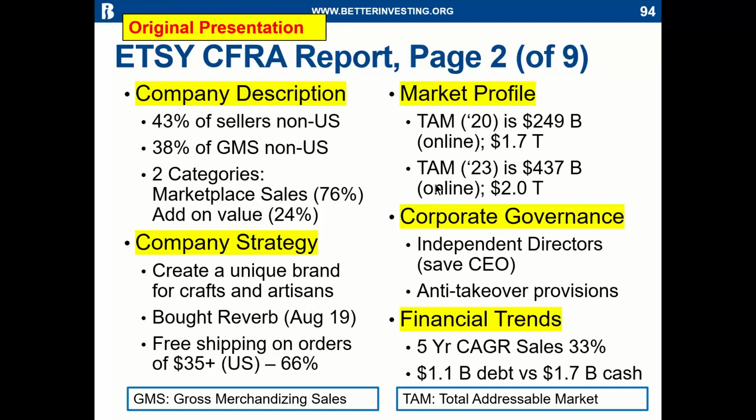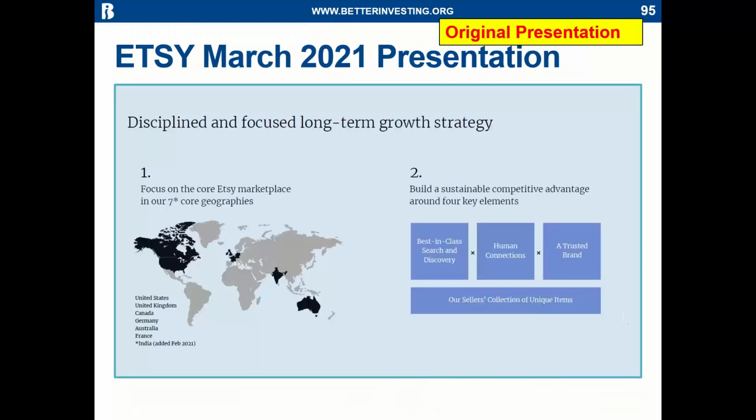They think that they still have a total addressable market of 437 billion. That's worldwide. And they are still looking at seeing some really good 5-year sales growth at 33%, and they have almost as much cash as they do debt. So they really are able to take care of things. From their original presentation, this is sort of where Etsy thinks they're going: they have a niche that people want to be with.